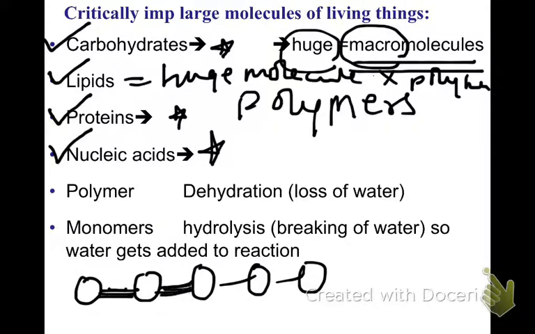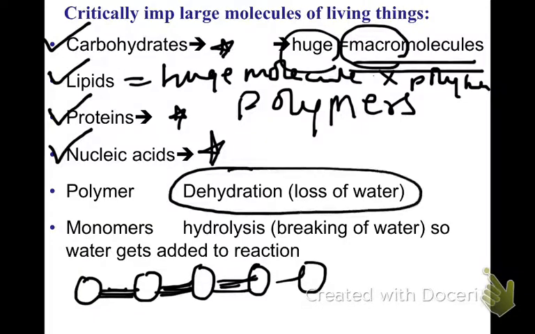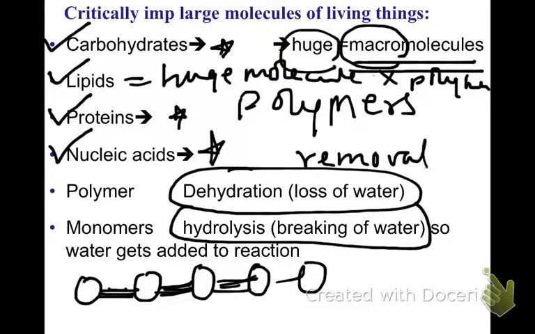How is this link done? Okay, so for that we have to understand two things. One is loss of water, and the other is hydrolysis or breaking of water. Loss of water or removal of water is dehydration, and breaking of water is hydrolysis, wherein the water gets added to the reaction. Okay, let's look at that.